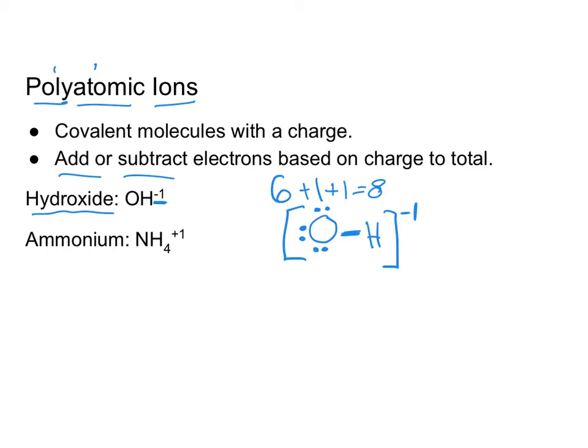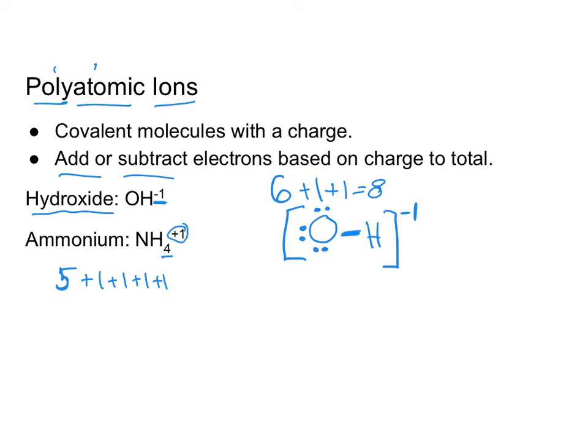Next, let's look at ammonium. So ammonium is NH4 plus 1. So my nitrogen, based on its location on the periodic table, has 5 valence electrons plus the valence electrons from my 4 hydrogens. So 1, 2, 3, 4.